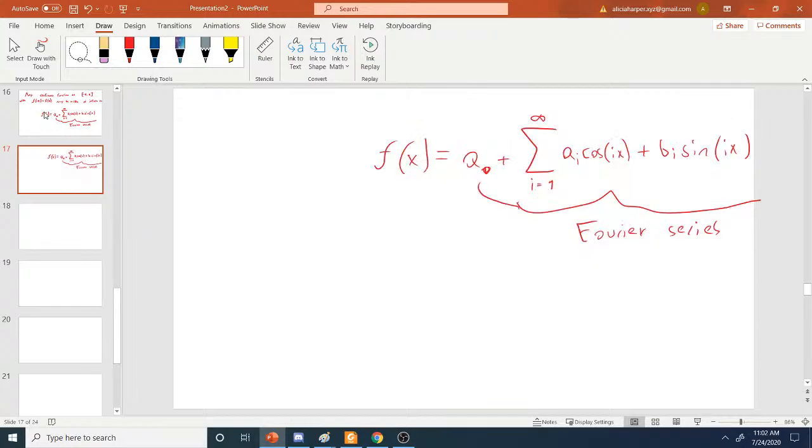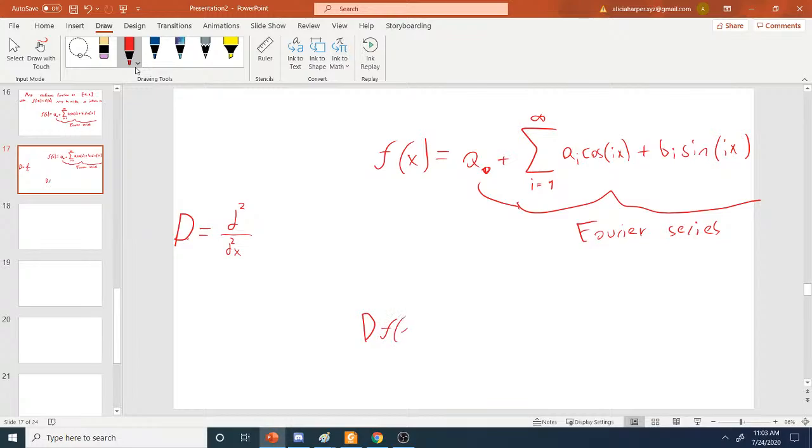I'm going to consider the following operator, D, which is basically the operator that differentiates a function with respect to x twice. And I'm going to consider what happens when I apply this operator to this function.